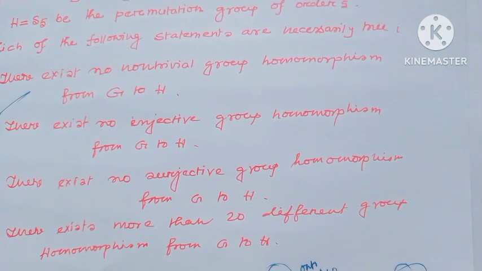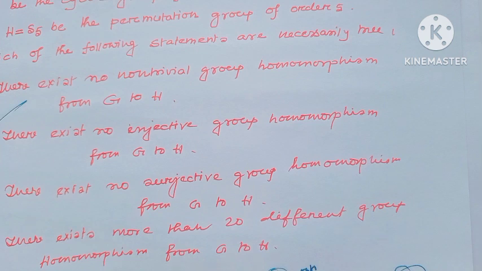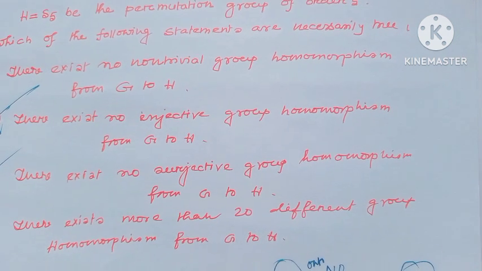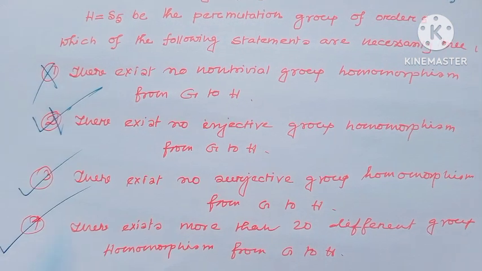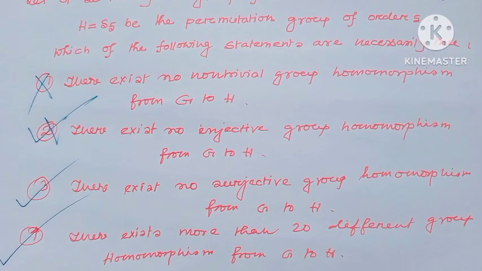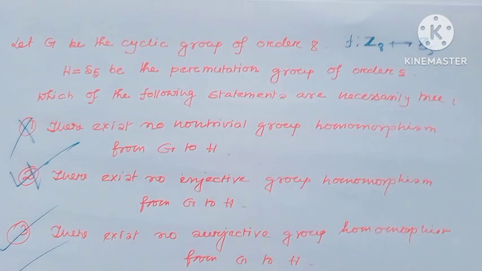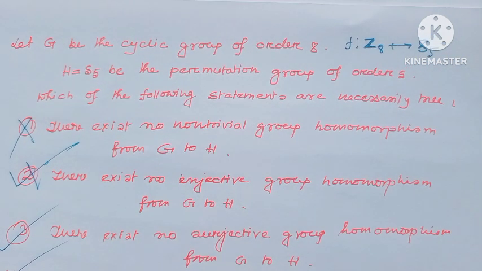So there exists no surjective group homomorphism from G to S. This is also a right option. There exist more than 20 different group homomorphisms from Z8 to S5. Obviously this is right. That means option 2, option 3 and option 4 are the right options. Okay, I hope all my viewers have understood this question easily.